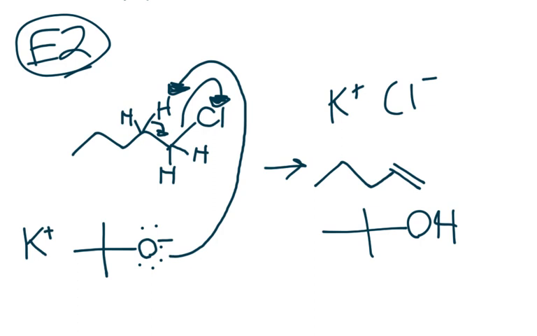So that is how E2 works, and generally the only way that we can tell if it's going to definitely be E2 and not SN2 is if we have this kind of steric hindrance. Otherwise, somebody's going to have to tell us in the problem that we're solving. So that's E2. Now we're going to talk about E1.